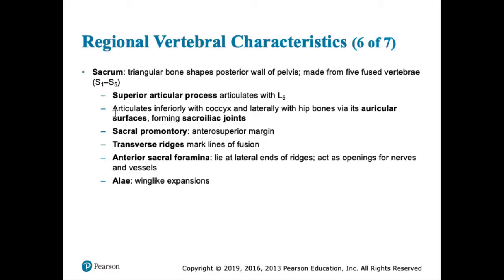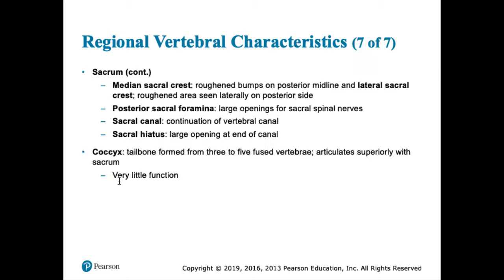The sacrum is a triangular bone that forms the posterior wall of the pelvis. It's made from 5 fused vertebrae: the superior articular process, the sacral promontory, the transverse ridges, the anterior sacral foramina, and the alae. The alae are just the wing-like extensions.